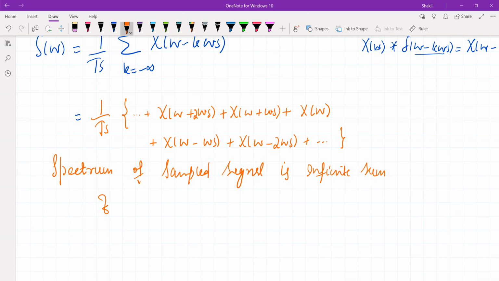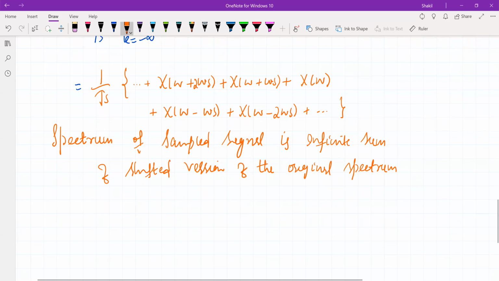of shifted versions of the original spectrum, the original signal spectrum.